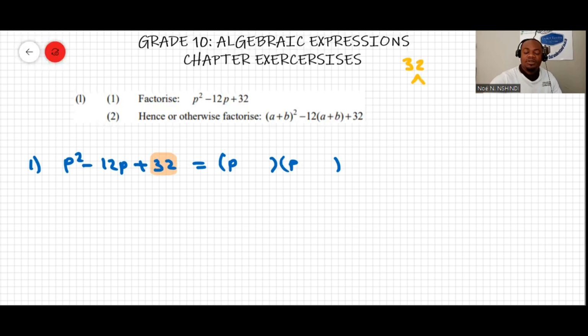And then I'll list all the factors of 32. I'll say 1 and 32, because 1 times 32 makes 32. 2 and 16, because 2 times 16 makes 32. Not 3, but 4 and 8, for the same reason. And then what next?